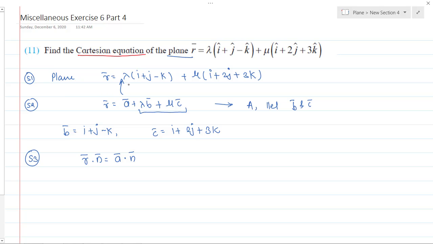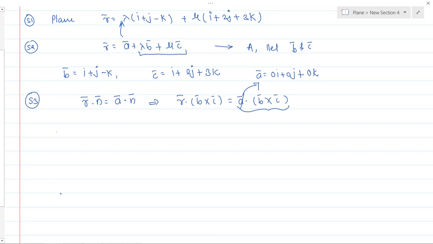Of course a bar is 0, so a bar is 0i plus 0j plus 0k. And what is n bar? n bar will be b bar cross c bar. So r bar dot b bar cross c bar equals a bar dot b bar cross c bar. Of course the right hand side will be 0 because a is the zero vector. Let's find this n bar first.